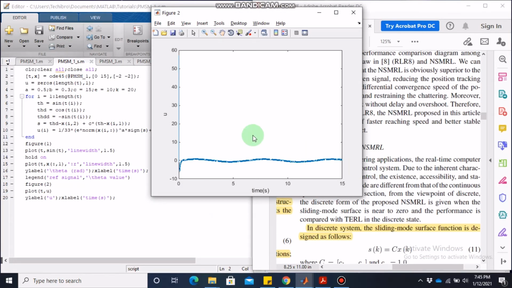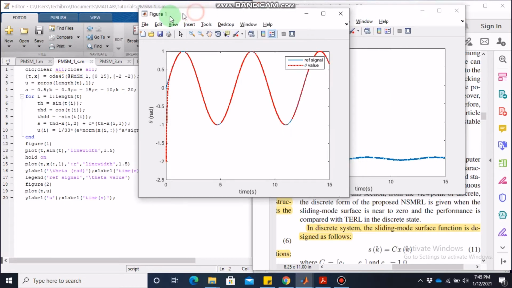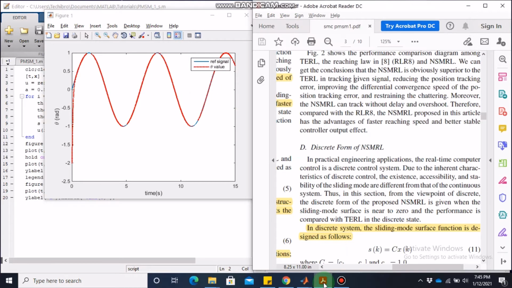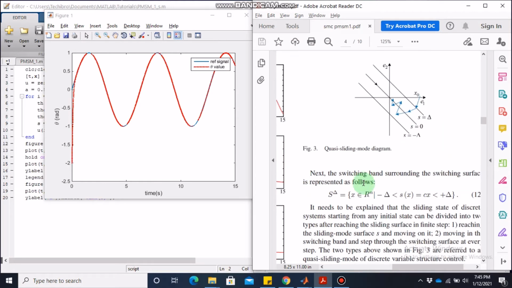So this is the simulation of the control, and this is the simulation of the reference signal in blue, and you can see that the actual value of theta is covering the reference signal entirely, because the reference tracking is almost perfect. And if you go into the paper, it has shown the results.